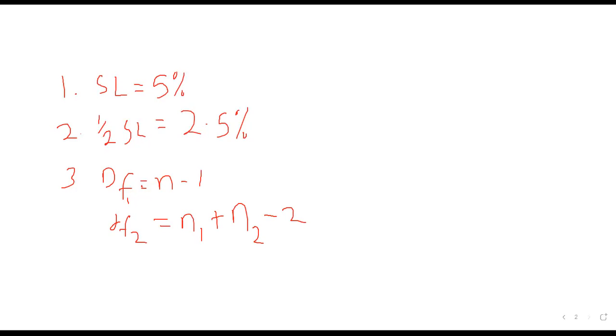Yeah, they're all 6. But in this case, we're going to consider it as our n. How many n do we have? 6, our pairs. So we're simply going to say 6 minus 2. What do we have? 4. So we're going to check 5%, 2.5, under 4.